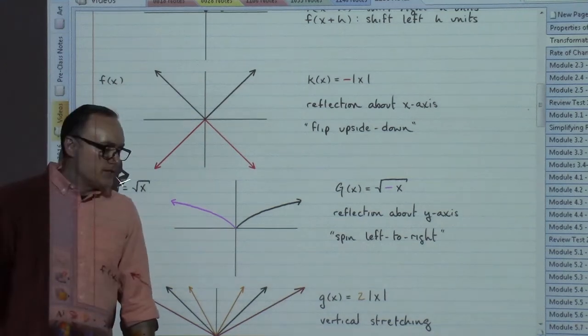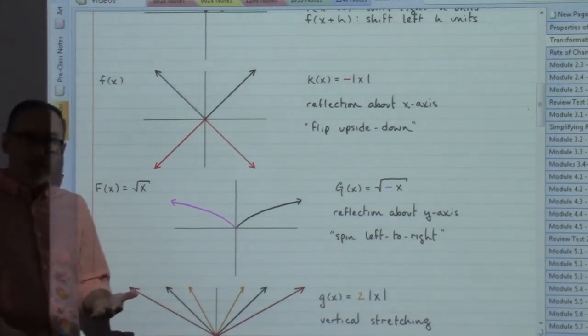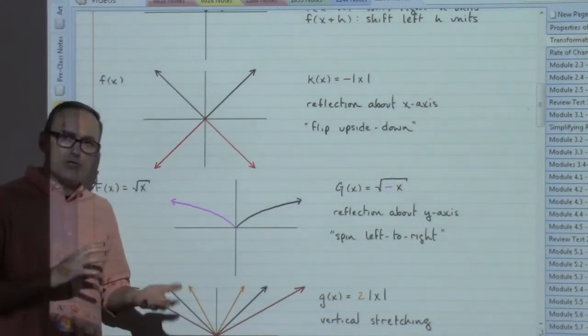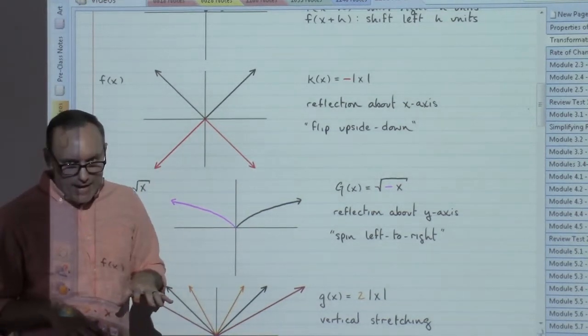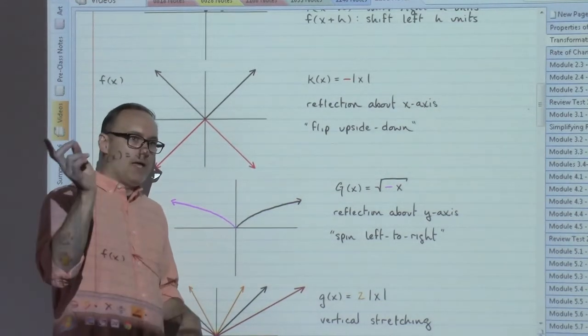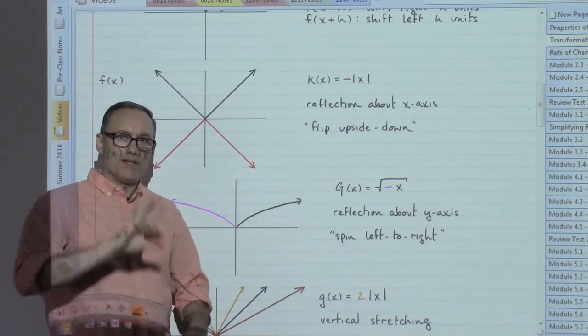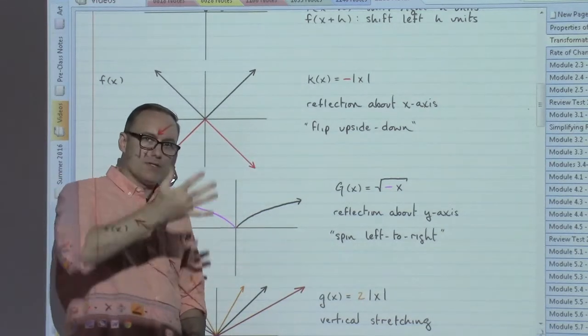The other kinds of transformations that can also be relatively quick to identify are the ones that have to do with reflecting. So that's the math language, reflection about the x-axis, reflection about the y-axis, side to side versus up and down.